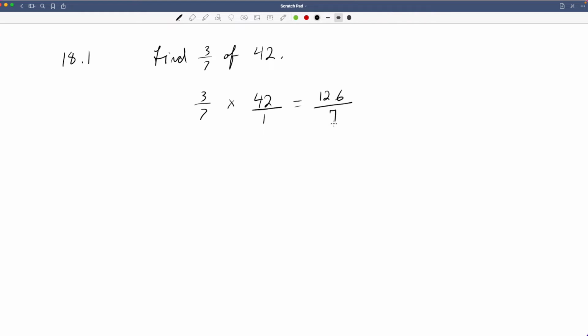An improper fraction is where you have more in the numerator than you have in the denominator. Now, typically in algebra, we would leave it just like this. In algebra, we hate mixed numbers. I mean, mixed numbers are awful.